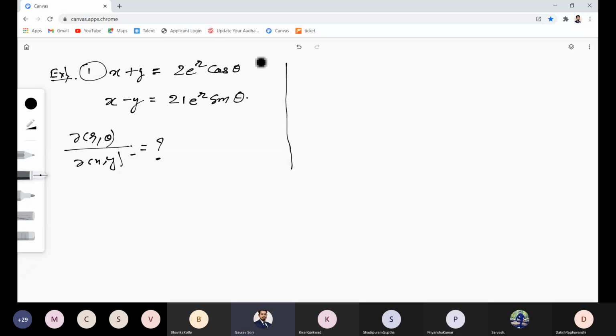In example number 1 and 2. Yes, anyone? x square plus y square plus u square minus v square equal to 0, and uv plus xy is equal to 0.